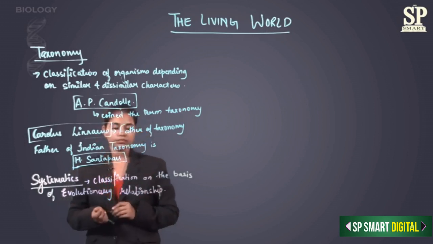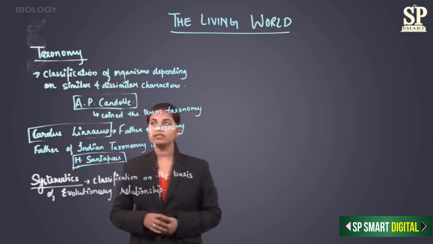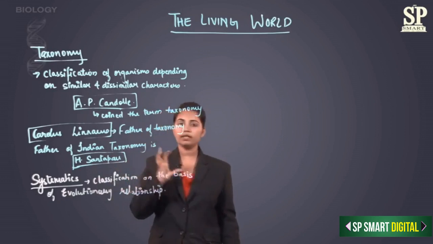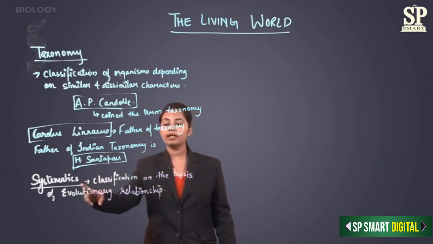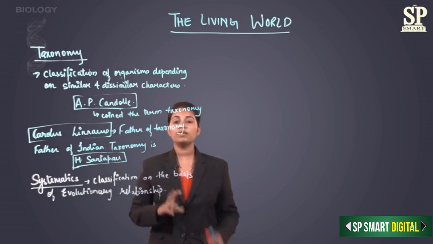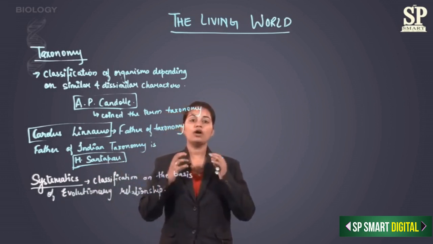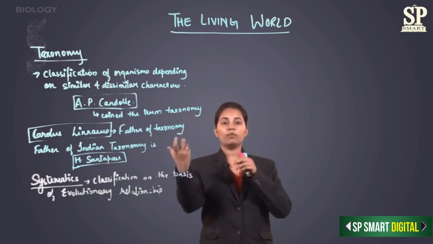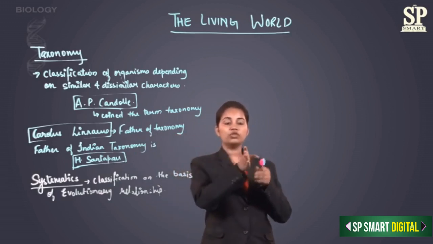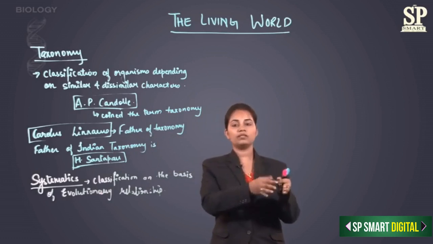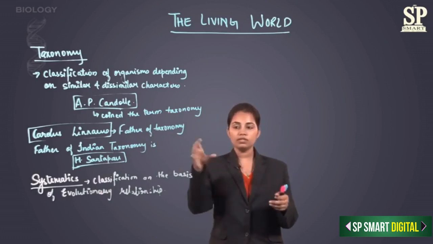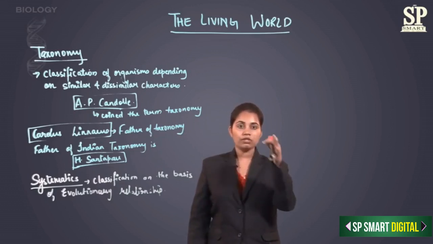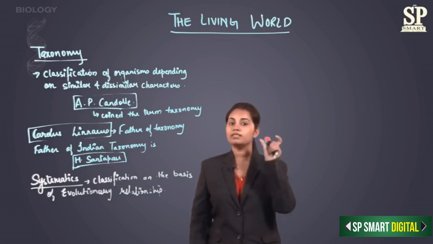Okay. So systematics and taxonomy: taxonomy is classifying the organism on the basis of similar and dissimilar characteristics. Systematics is the classification of the organism on the basis of evolutionary relationships, or how the organism has evolved from a parent, or from one common ancestor, to the present organism. So classifying organisms on the basis of these evolutionary changes or relationships is systematics.